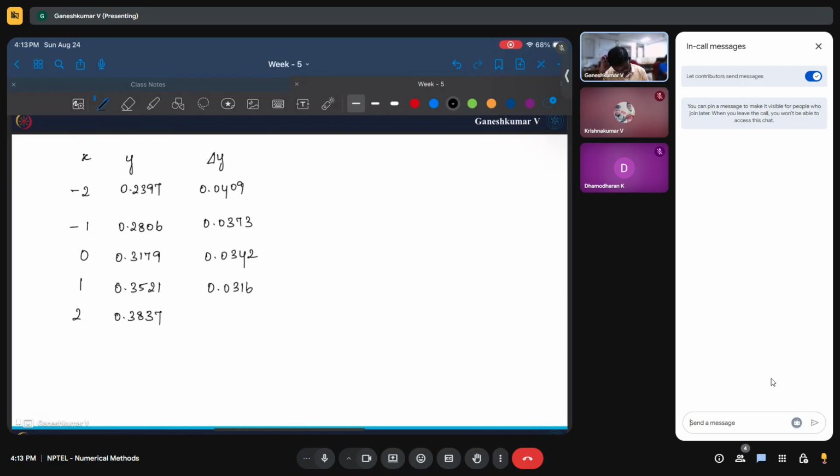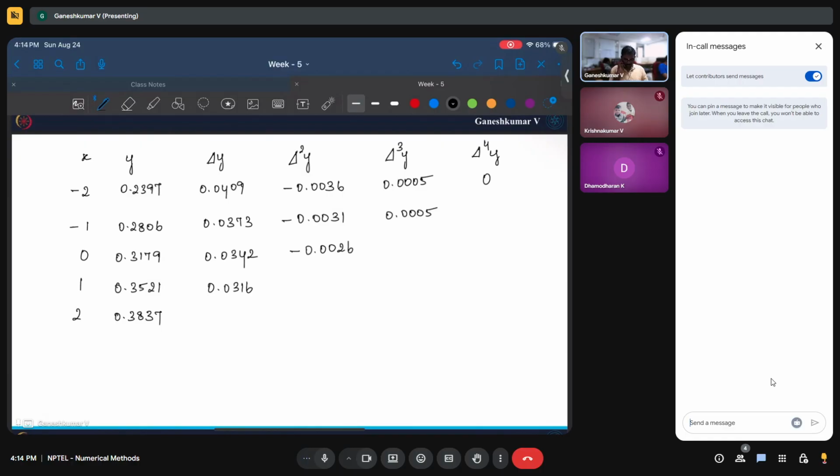I guess these are right. And delta square y is going to be, the first one negative, 0.0036, and the second one is also negative, 0.0031, and this is going to be negative 0.0026. Then delta cube, this is positive 0.0005, and this is also positive 0.0005, and then the fourth difference is going to be 0.